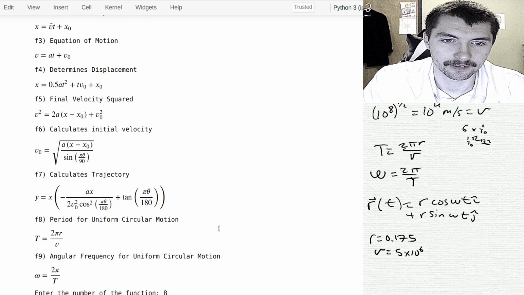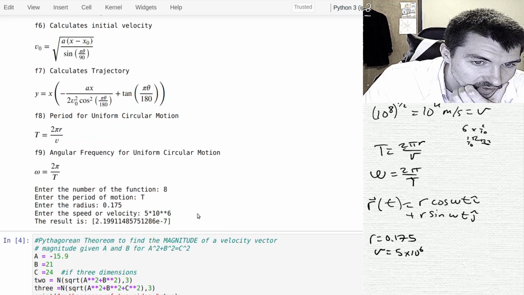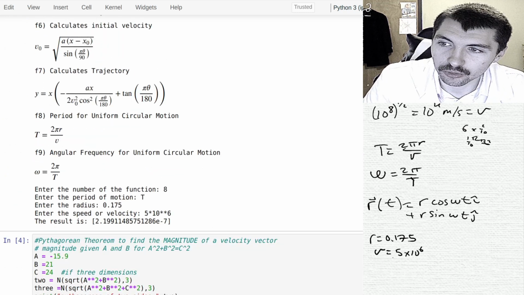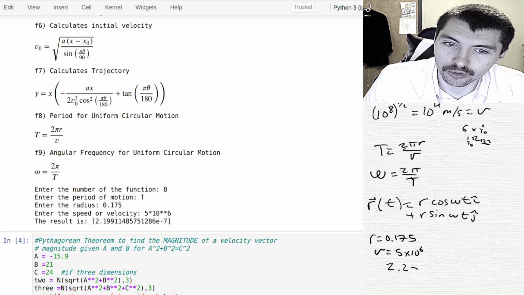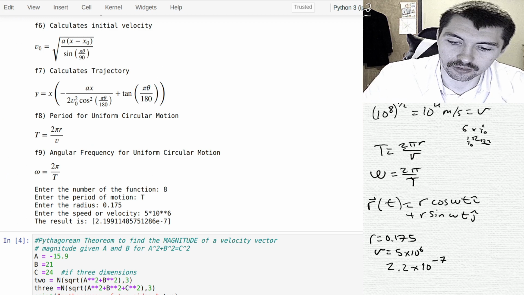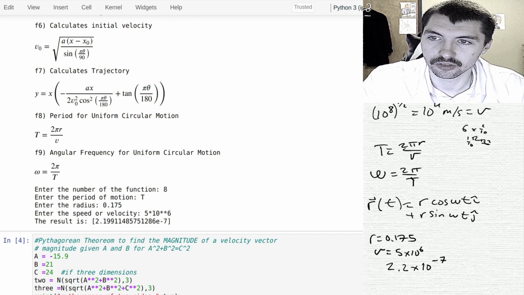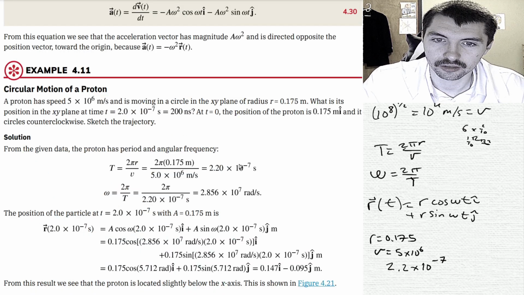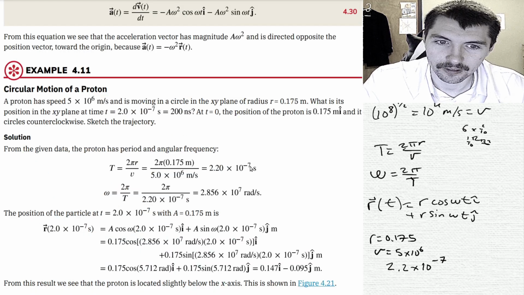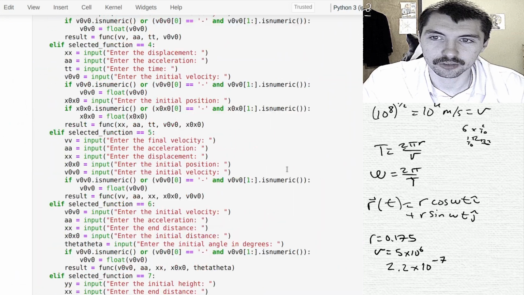We get a big number. We get 2.2 times 10 to the negative 7, which is what they get. Our calculator is working. Now we need to add the next part.